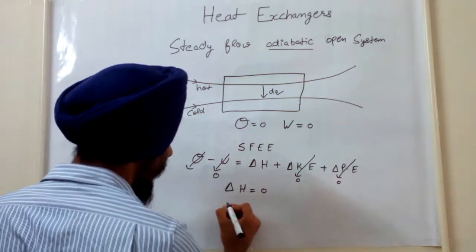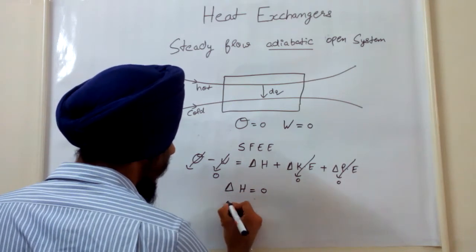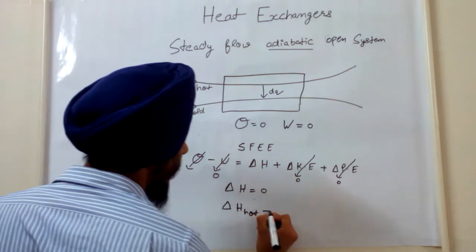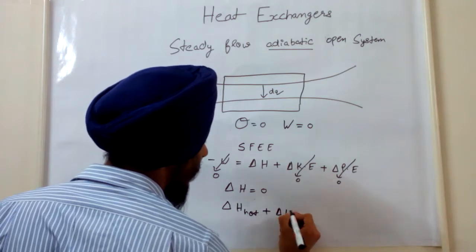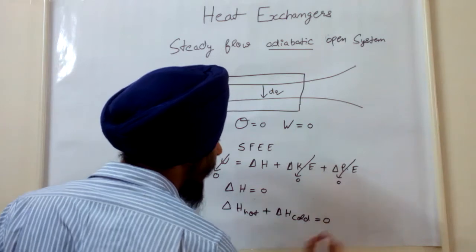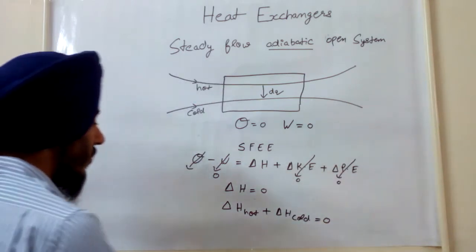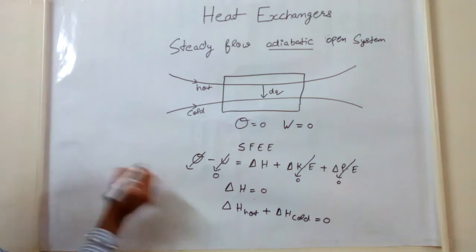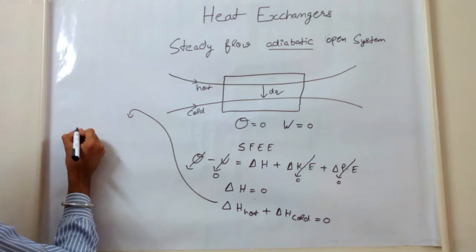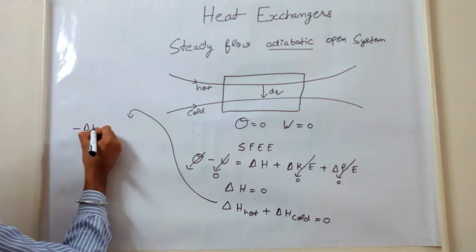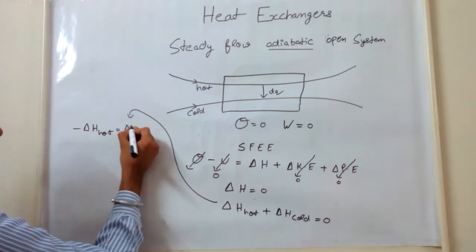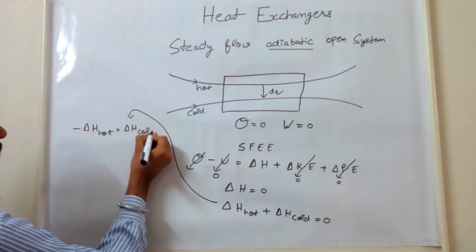From here we can write delta H of hot fluid plus delta H of cold fluid is equal to 0. We can write delta H of hot is equal to delta H of cold.